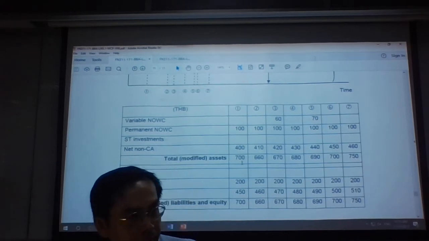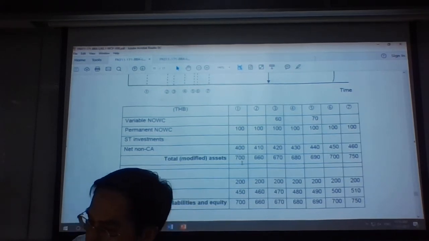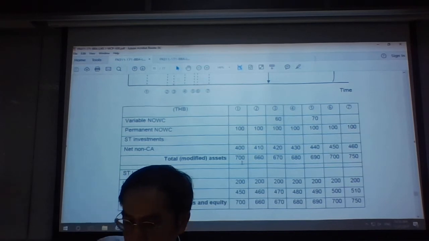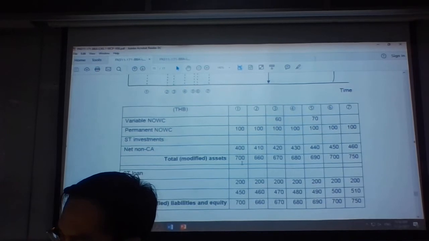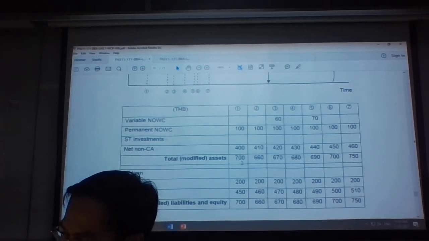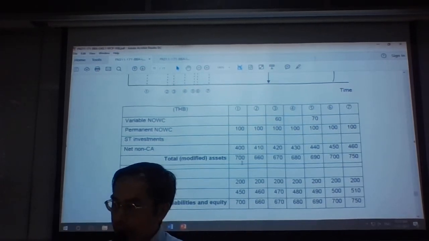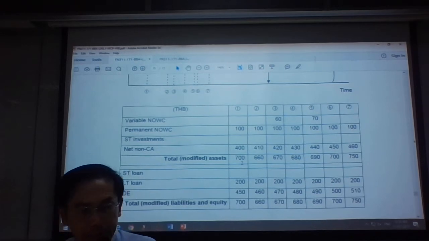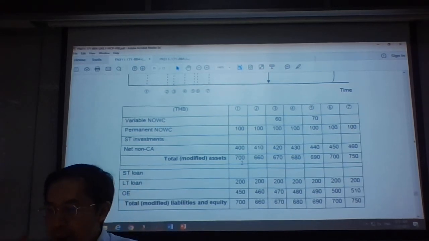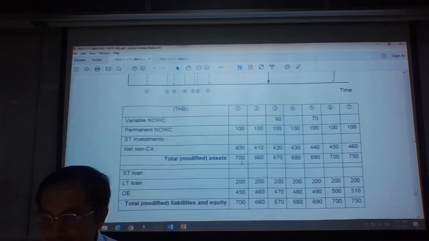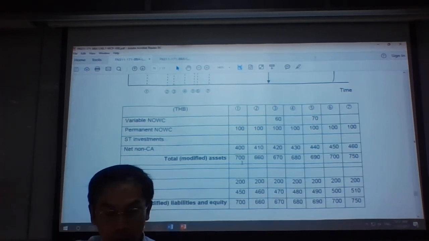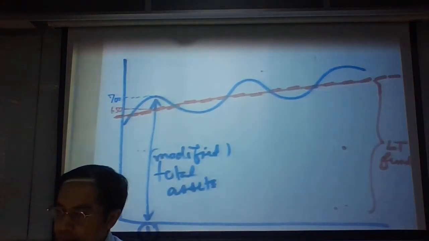The long-term capital, this point is equal to 650. Therefore, you don't have enough money to invest in operating assets.